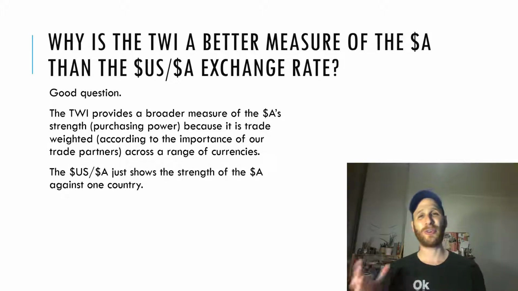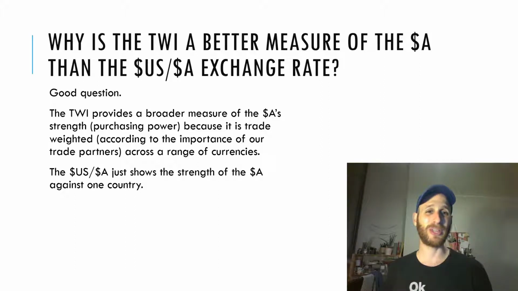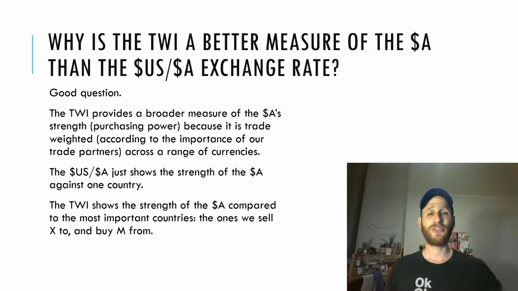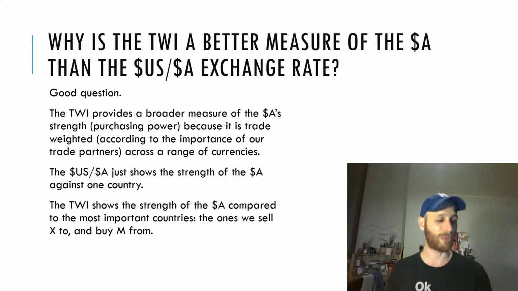The US Aussie dollar exchange rate, while important and quoted very often, just shows the strength of the Australian dollar against one country, America. The TWI shows the strength of the Aussie dollar compared to the most important countries, the ones we sell exports to and the ones we buy imports from.